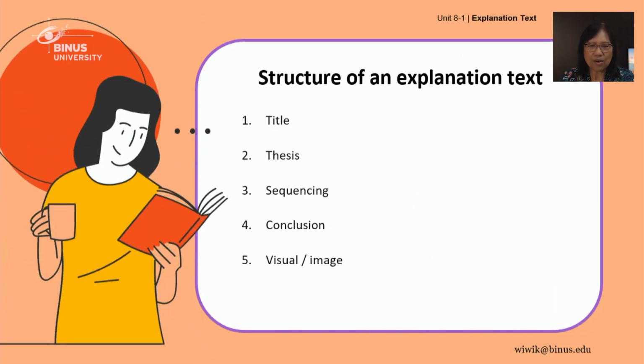This is how an explanation text is structured. So first, I think you have to have a title and then a thesis statement. And this time, we are focusing on sequential, yeah. And then we have a conclusion.